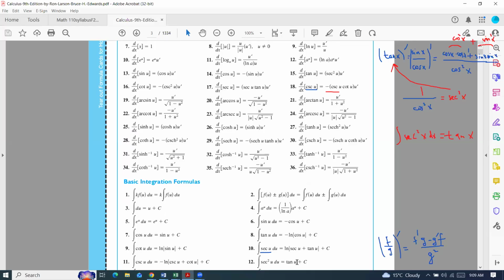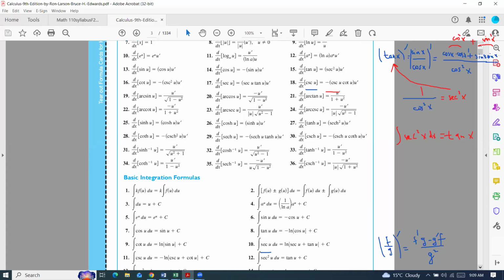So my goal for today is to keep selecting a few formulas that I think are good to select, and little by little get a little more of it. And of course, I don't plan to show every single formula, because if you know how to do the formula for tangent, then you can also do the one for secant squared, then you can also do the one for cosecant squared, which is going to be cotangent, right?